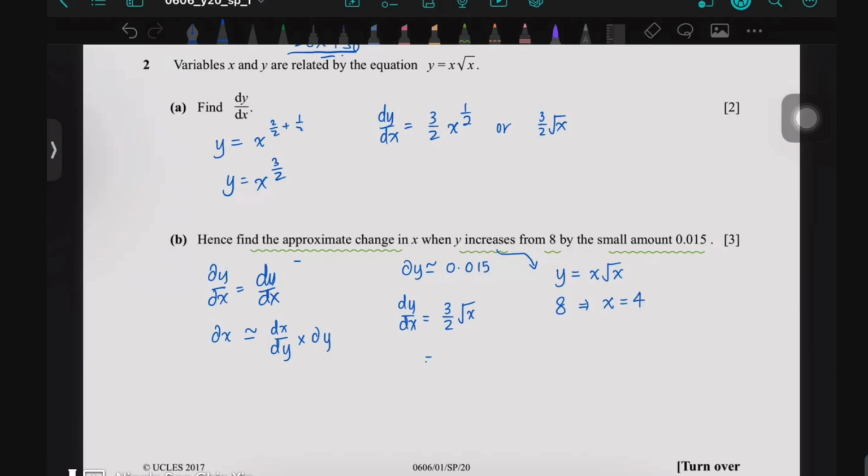Okay, we put it inside, it is 3. So from here you will get 1 over 3 multiplied with 0.015. So your answer is 0.005.